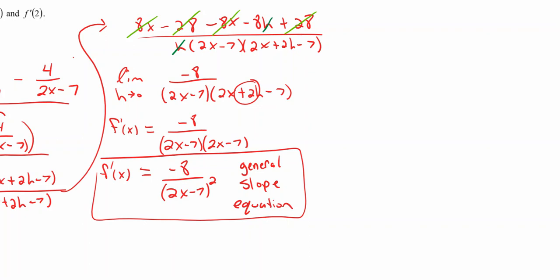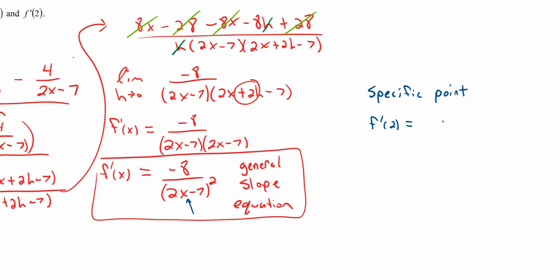All right. Now, next part says the specific point, right? So that was part 1. Now part 2, it said, let's see, specific point. F prime of 2 is what we were after. Okay, well now that's easy. Now we can just plug in 2 for x, right?